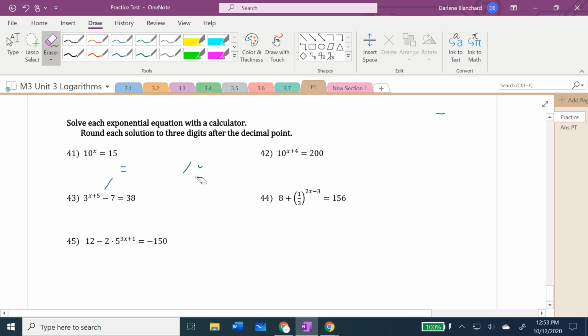All right, the next problem. Make sure you isolate the exponential before you undo it. So subtract 8, that's going to give you 148.